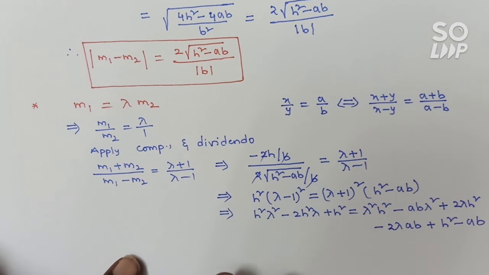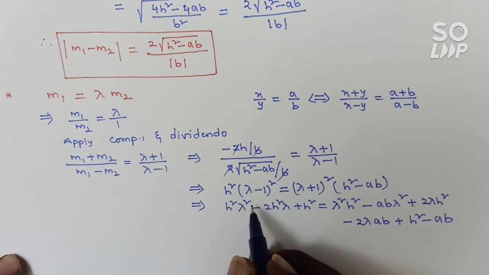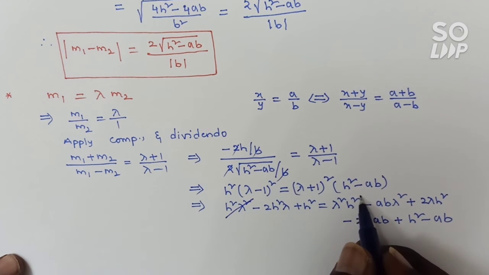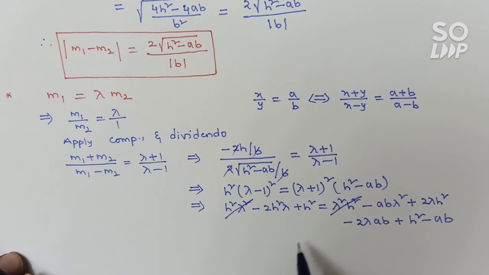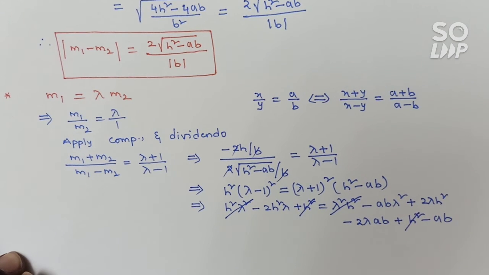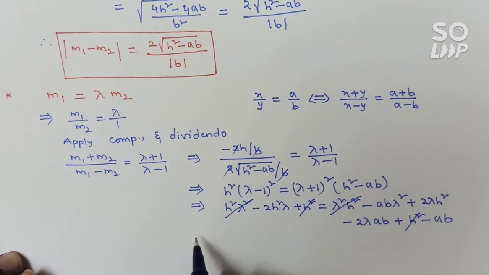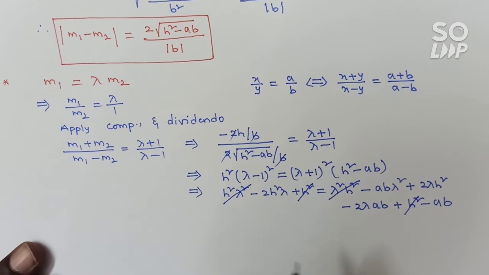Now you see this one, on both sides you can cancel h square into lambda square, and h square and h square will be cancelled. So what about the remaining value? Here minus 2h square into lambda, you take to the right side.